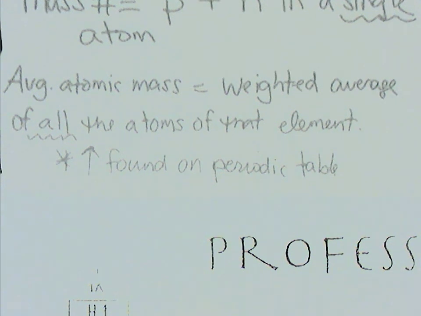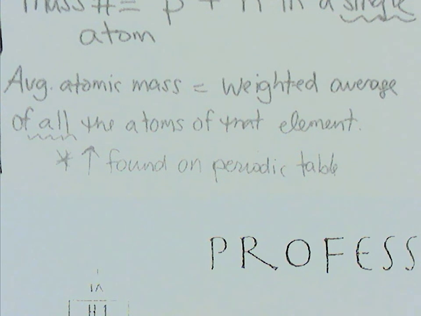And so what the average atomic mass does is that it takes into account the weighted average of all the isotopes. So if I were to scoop up a big pile of carbon, inside that pile there would be several different kinds of isotopes. And so what the average atomic mass tells you is what's the average weight of a single atom, or the average mass of a single atom, based on the idea that there are several options.